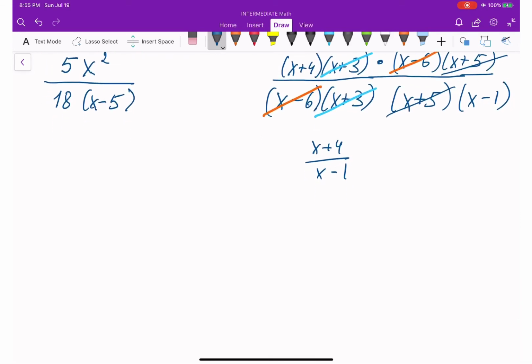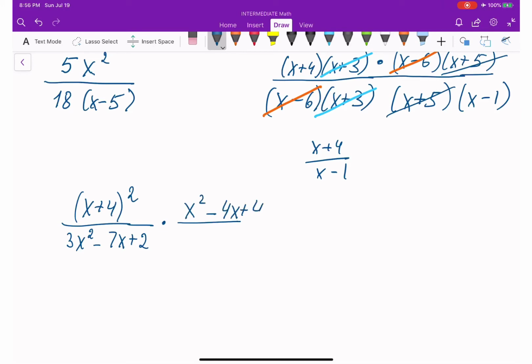x plus 4 squared over 3x squared minus 7x plus 2, times x squared minus 4x plus 4 over x plus 4.